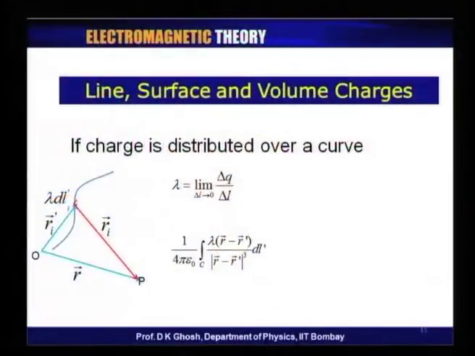So, we have talked about the electric field due to a single point charge or multiple charges located at discrete points in space. Now, I can generalize it to include continuous charge distribution. So, let us look at what is meant by continuous charge distribution. Suppose I take an arbitrarily shaped curve, and there is a charge which is uniformly distributed along it.